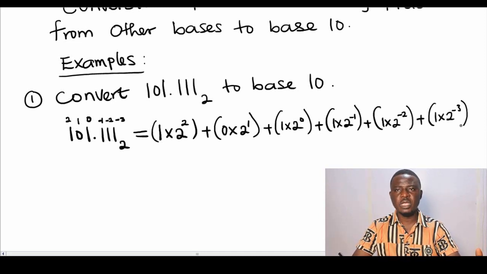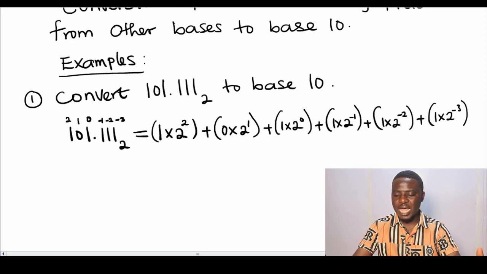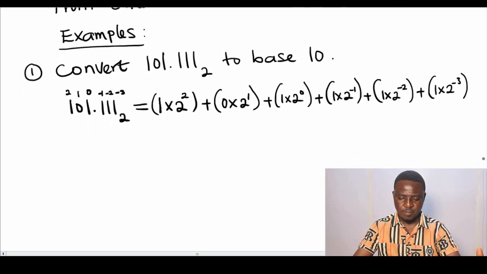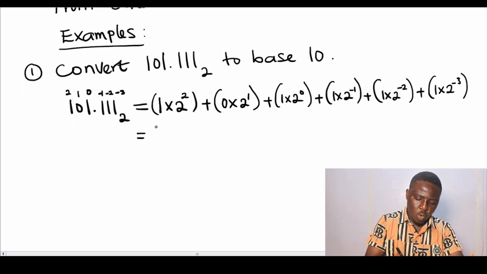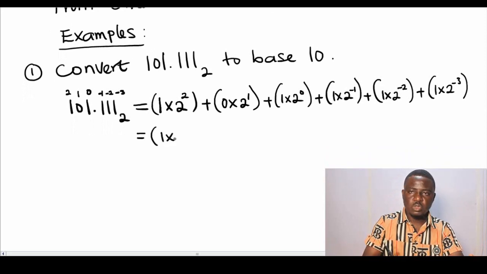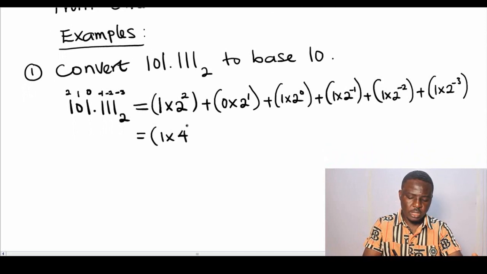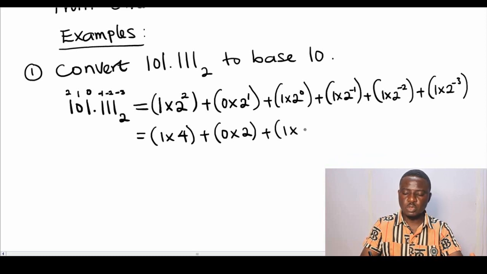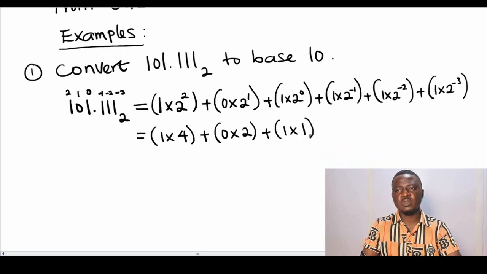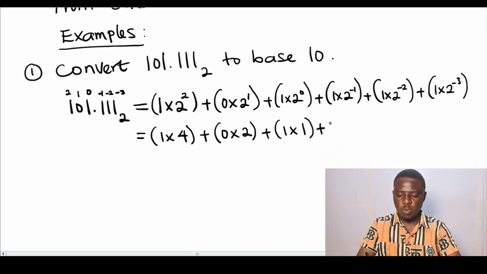Next, I'm going to simplify them until I arrive at an answer. 1 times 2 raised to power 2 is 2 times 2, which is 4, plus 0 times 2 raised to power 1, plus 1 times 2 to power 0, which is 1, because any number raised to power 0 is 1.